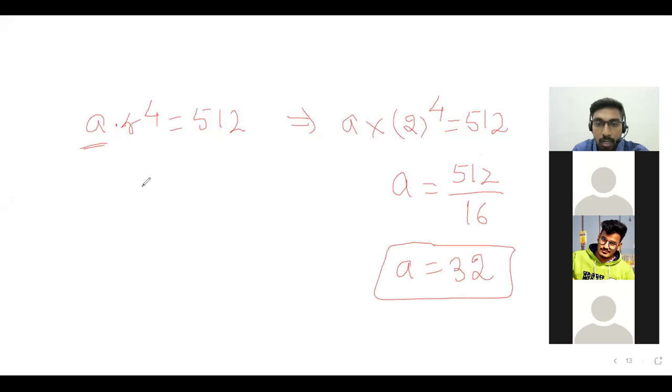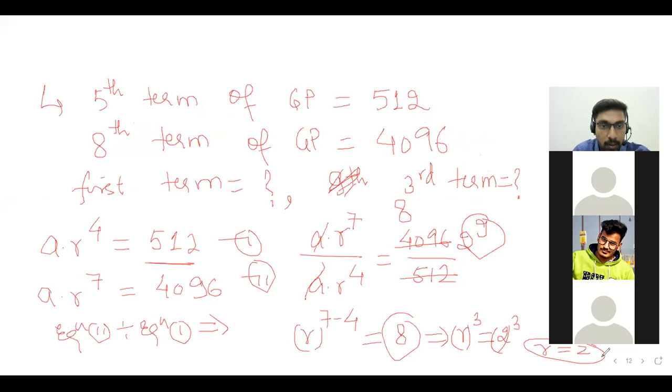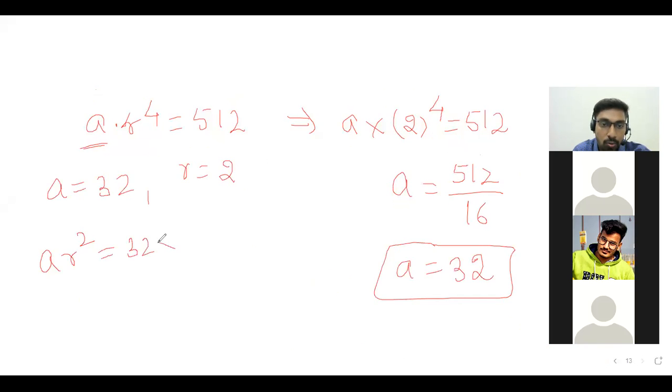So a will be 32. So if a equals 32 and r equals 2, what we have been asked is the first term, that means a, which is 32, and the third term, which will be ar square, that means 32 into 2 square. So 32 into 4, that means 128.